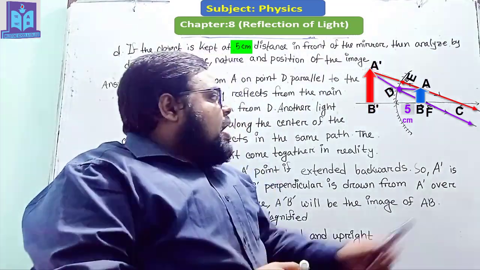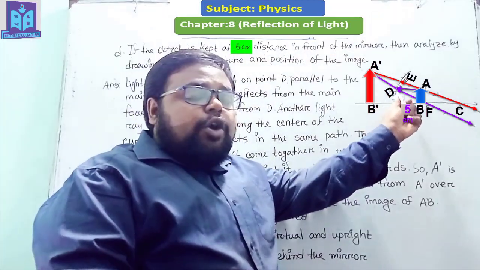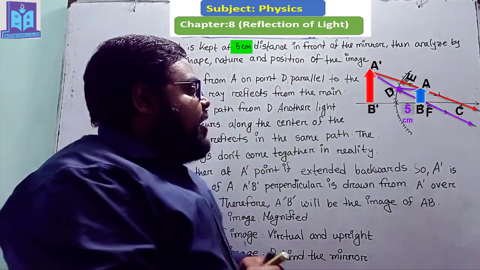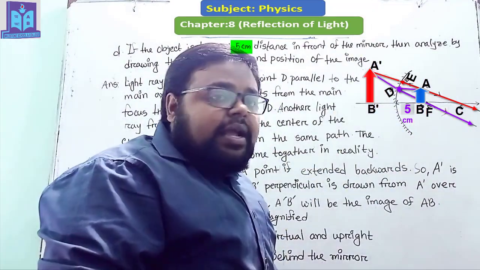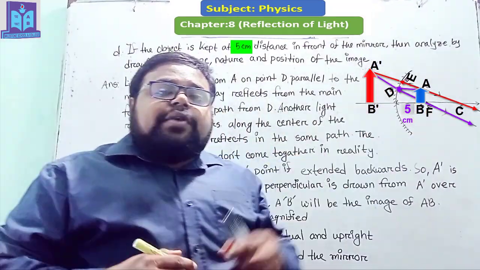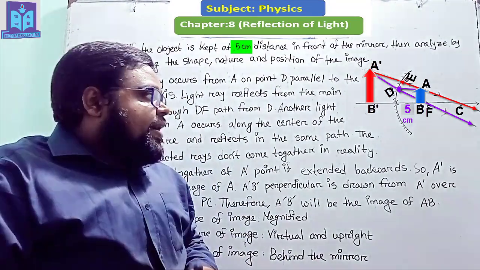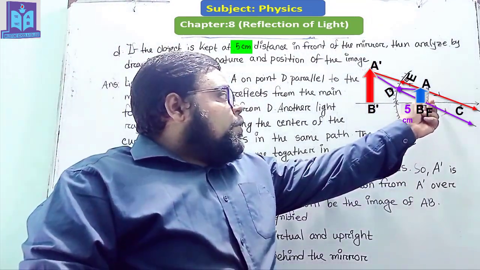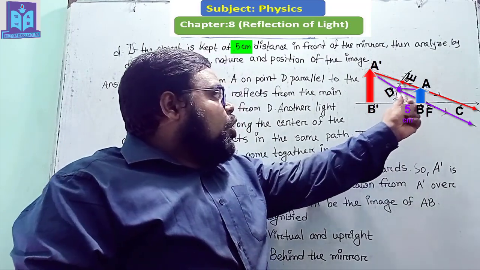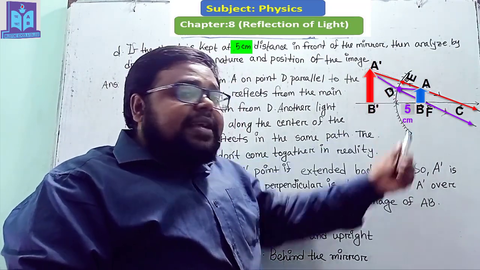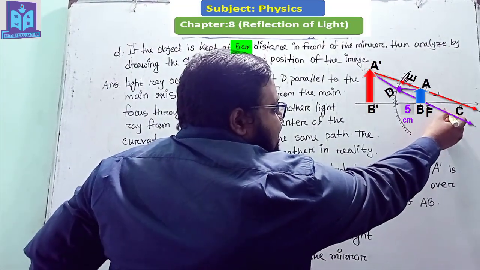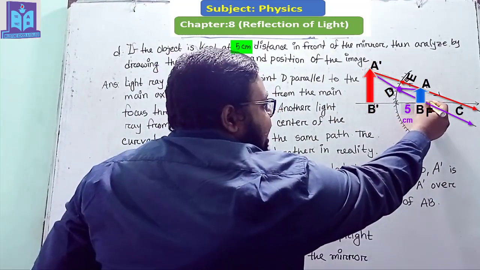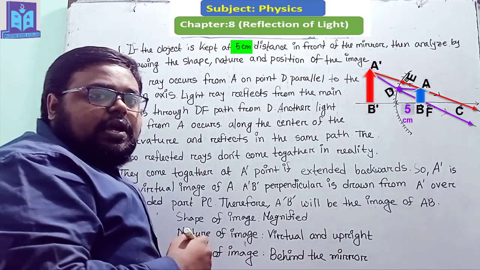That means after the incident ray hits the D point, the reflected ray DF will go through the main focus F.